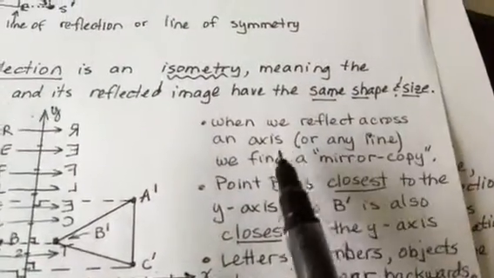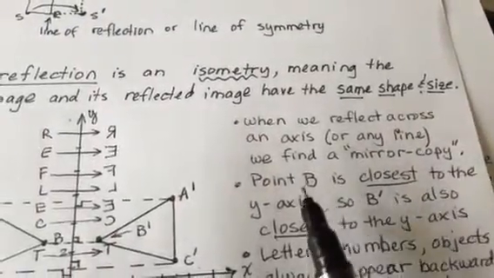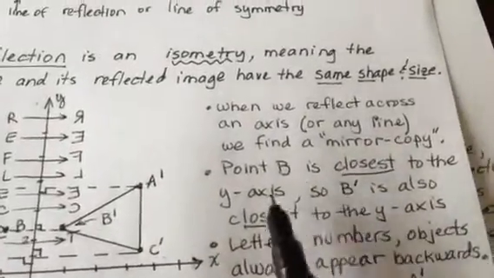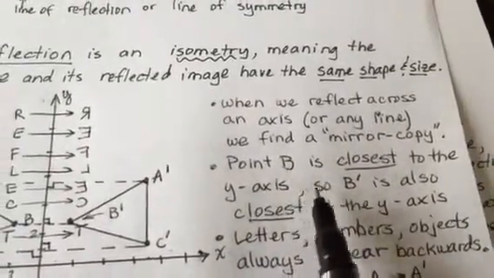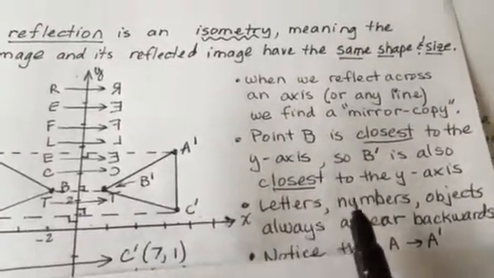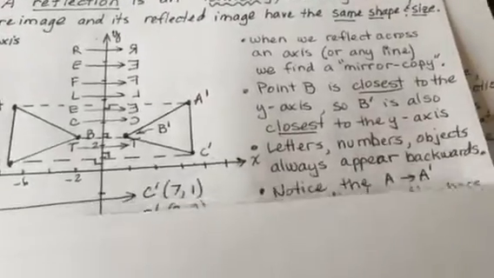So when we reflect across an axis or any line, we will find a mirror copy. Point B in this triangle is closest to the y-axis, so B prime is also closest to the y-axis. Letters, numbers, objects always appear backwards.